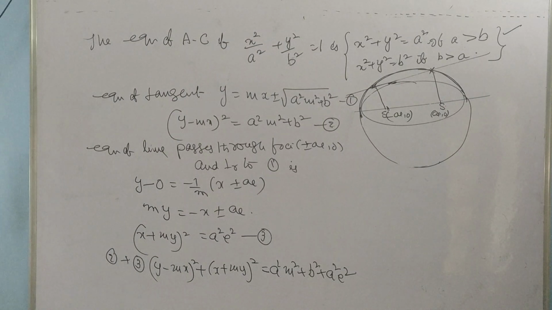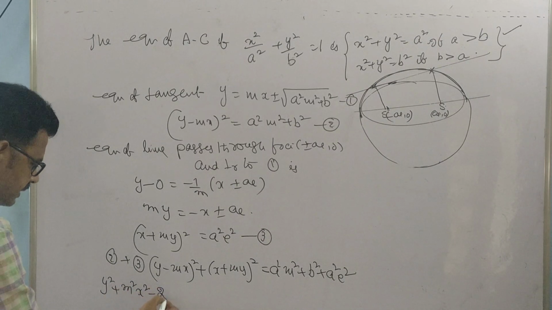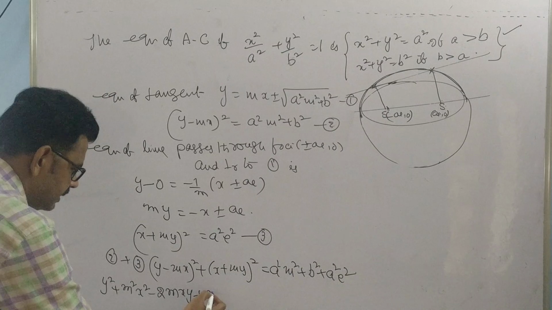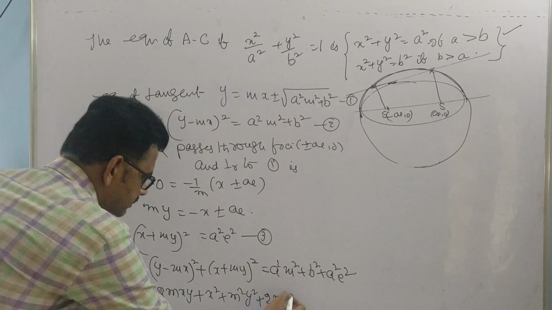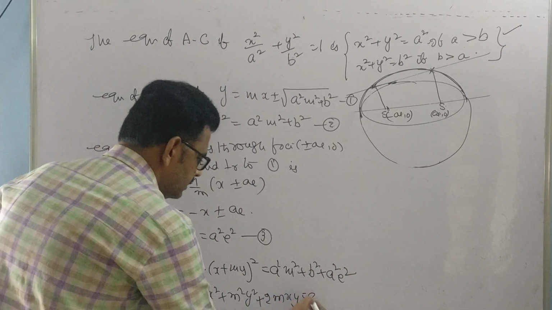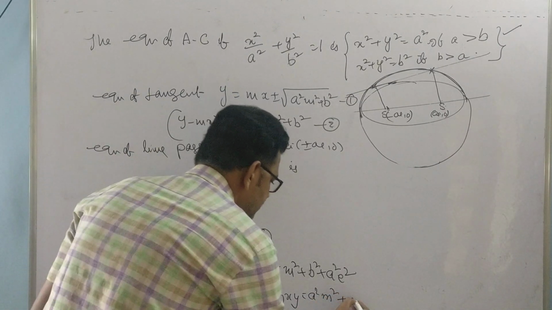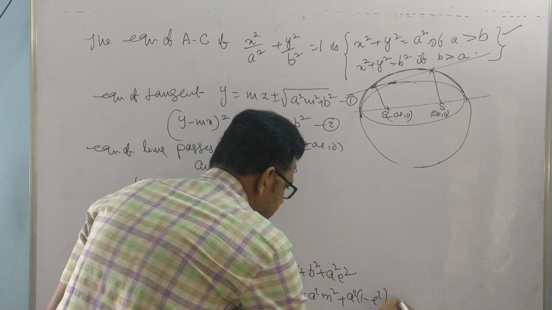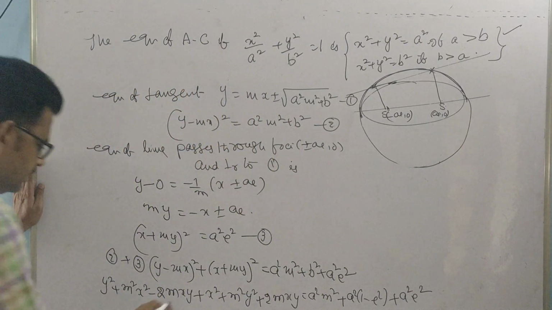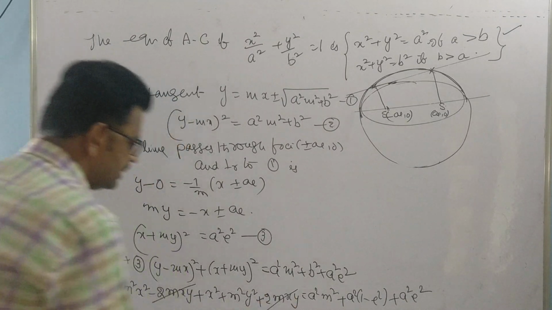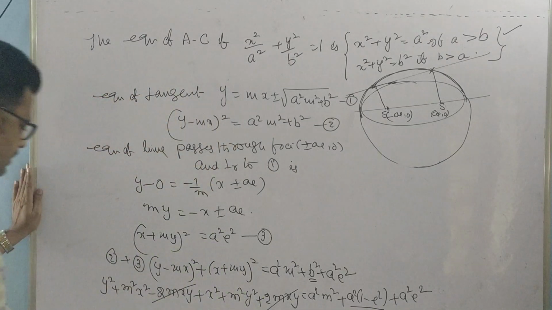Now by expanding: y square plus m square x square minus 2mxy plus x square plus m square y square plus 2mxy is equal to a square m square plus b square, which can be written as a square into 1 minus e square, plus a square e square. 2mxy gets cancelled.